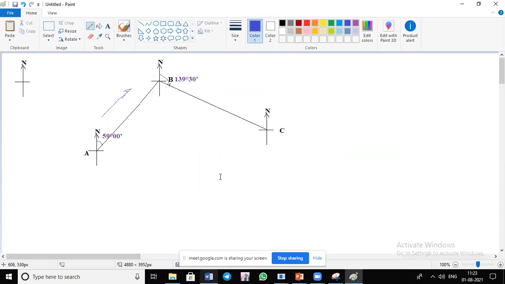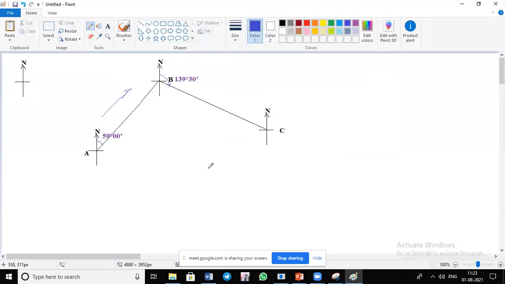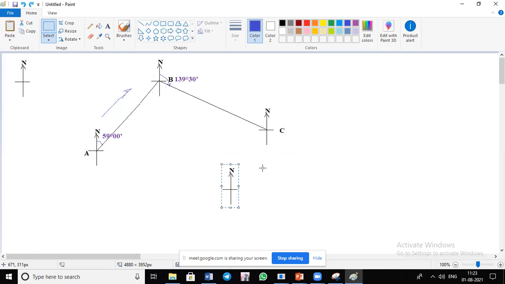The next angle of the line CD is 215 degree 30 minutes. Again, I will copy this. It is 215, so it will be in the third quadrant.